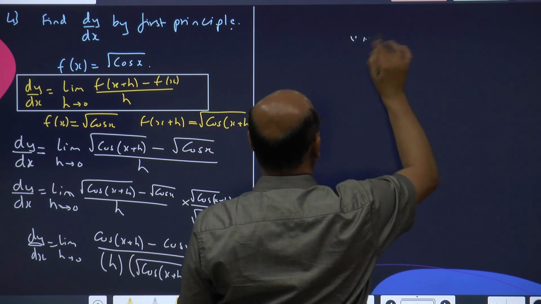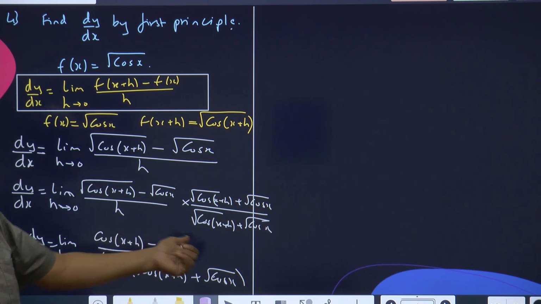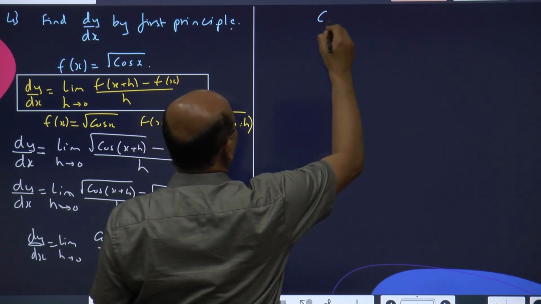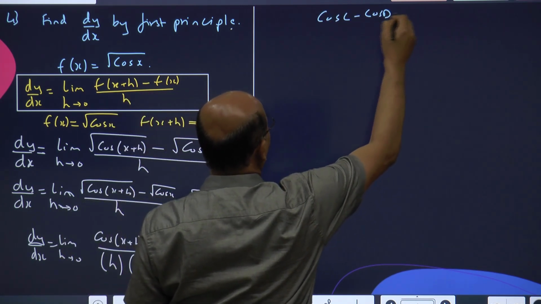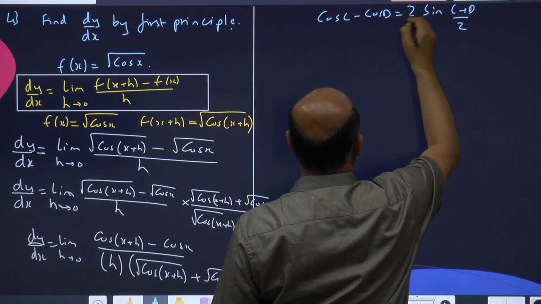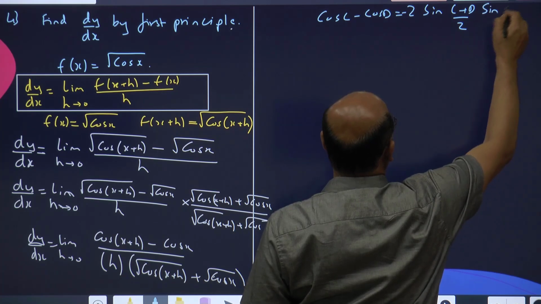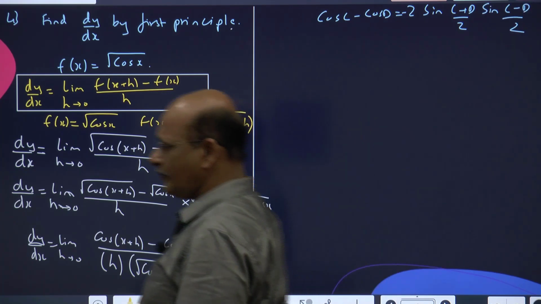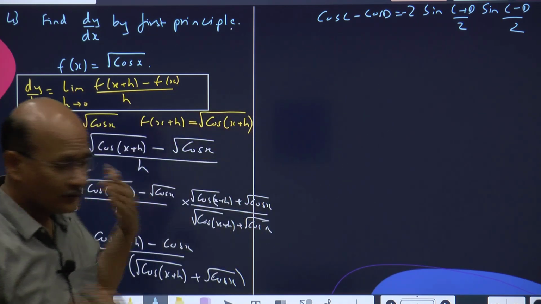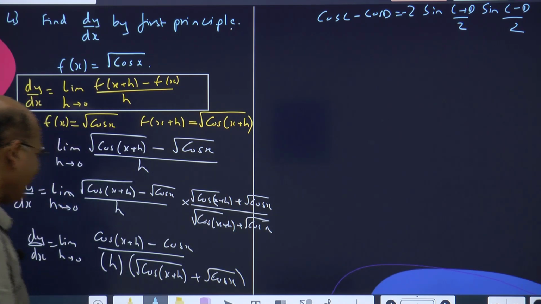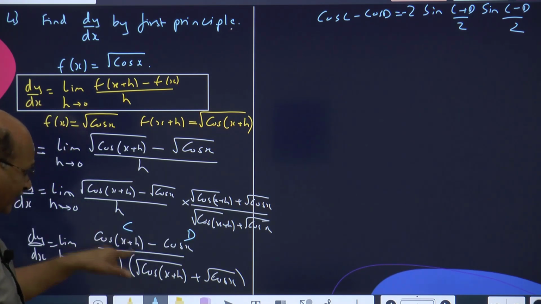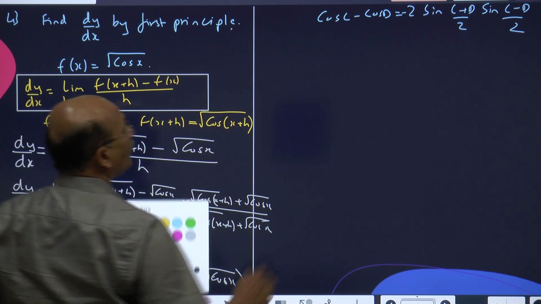Cos c minus cos d is minus 2 sin of (c plus d) by 2 times sin of (c minus d) by 2. If you don't remember it, take yourself back a little bit. So what is my c? This is my c and this is my d. c is x plus h and d is x. Let us apply that formula and see what happens here.